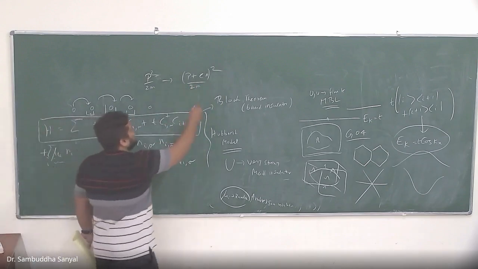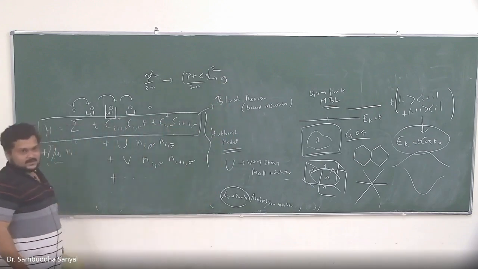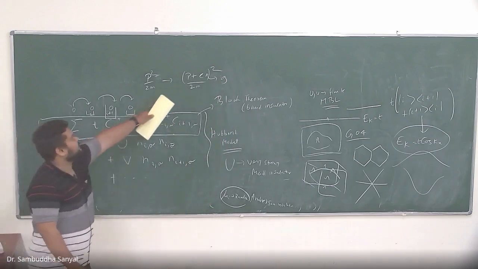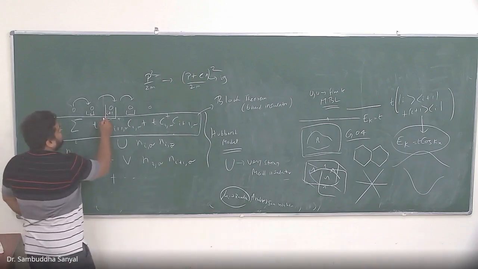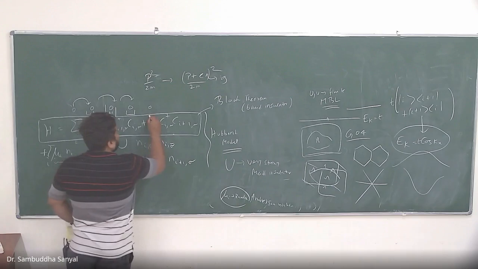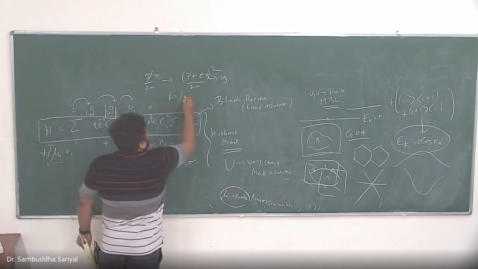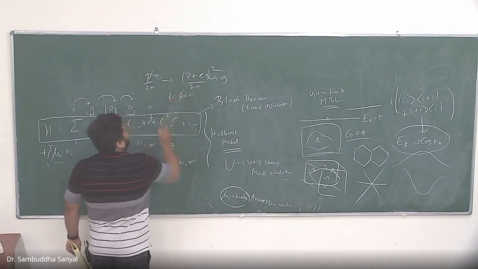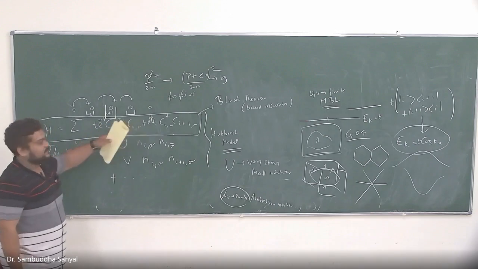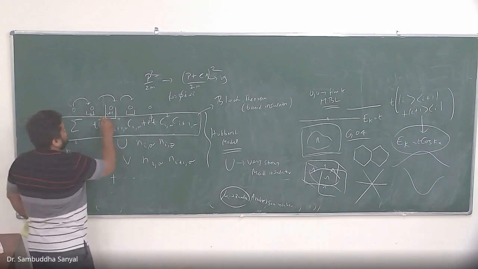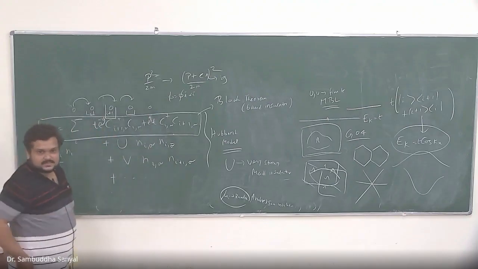So what if my A is an imaginary number, i g? First of all, if A is real, this appears as phases e to the power minus i phi and e to the power plus i phi, where phi is the integral of A dot dl. Now if it is imaginary, you get a phase factor which is just e to the g and e to the minus g. That breaks the hermiticity.